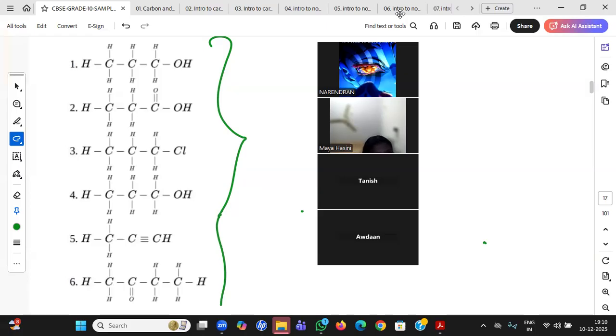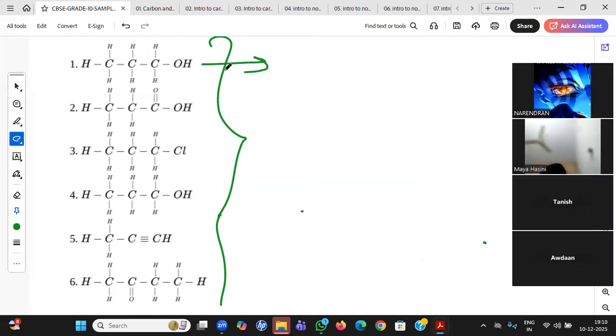Check how many carbons are there, Tanish, in that particular question. Avdan, fifth one, no student. You have only 3 carbons there. Why but will come? Right answer. Come on, Megha, where are you? Sir, I'm typing all 6 together. Okay. Very good, Tanish. Superb. Almost everybody has given.